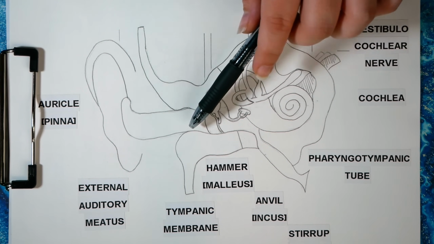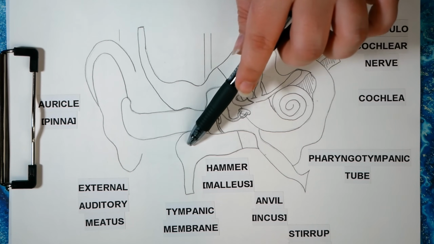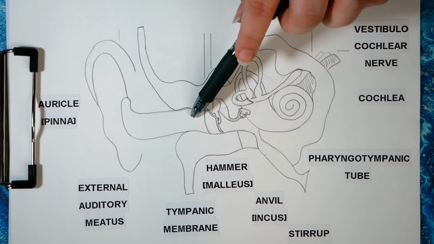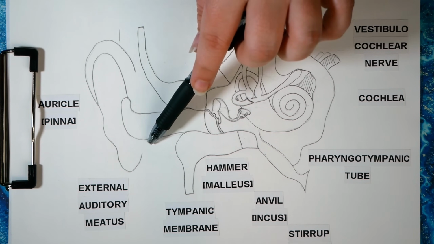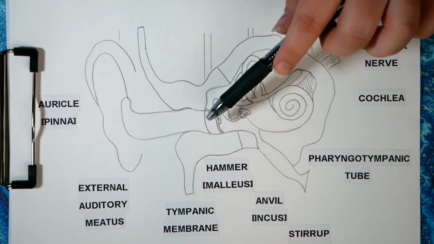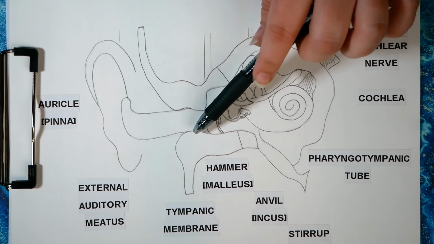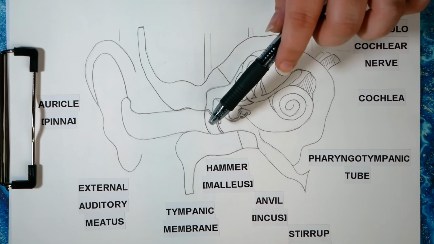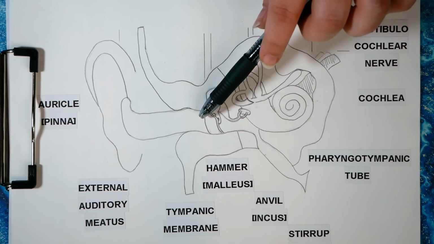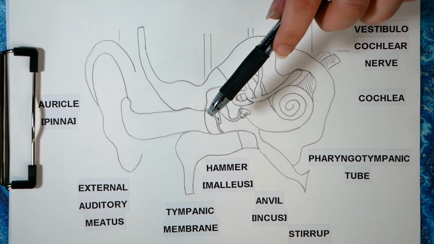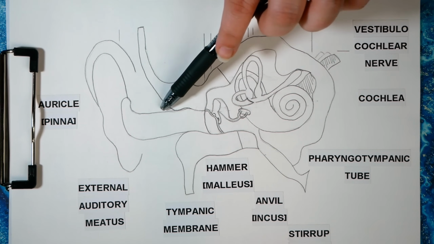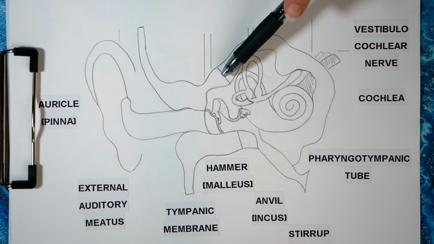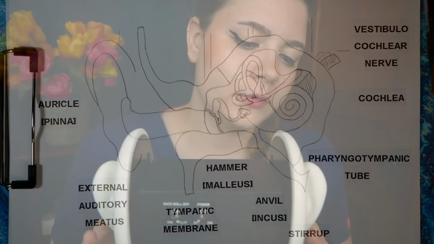We can look for any abnormalities, anything out of the ordinary in the tissue of the ear canal. We can look for bulging, perforation, discoloration, any impaction with the tympanic membrane, and see if we can figure out what's going on with those ears of yours.